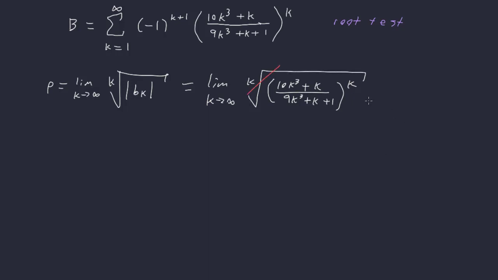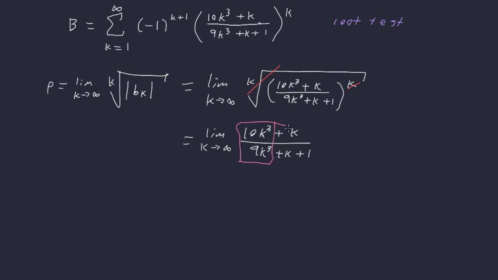So the root and the k cancel, so this is really just the limit as k goes to infinity of 10k cubed plus k all over 9k cubed plus k plus 1. Isn't that much nicer?